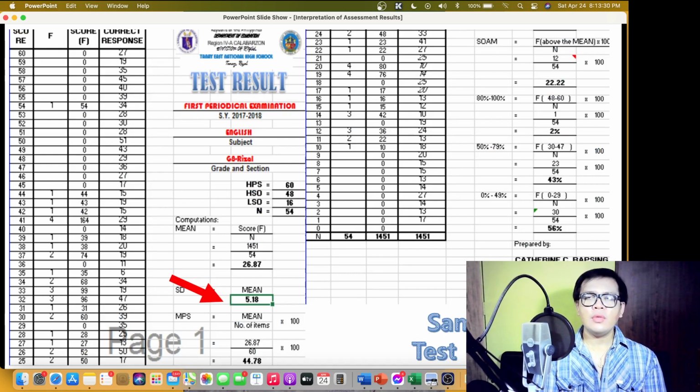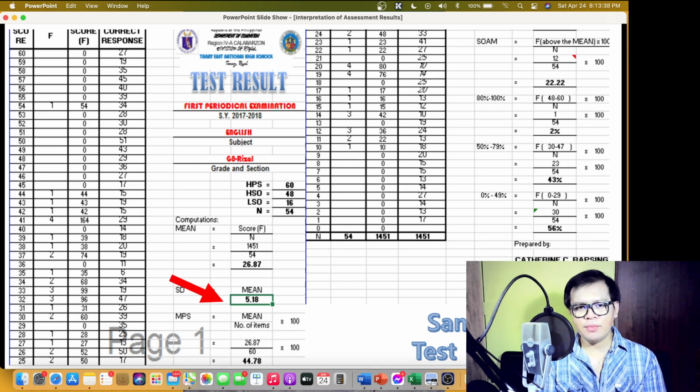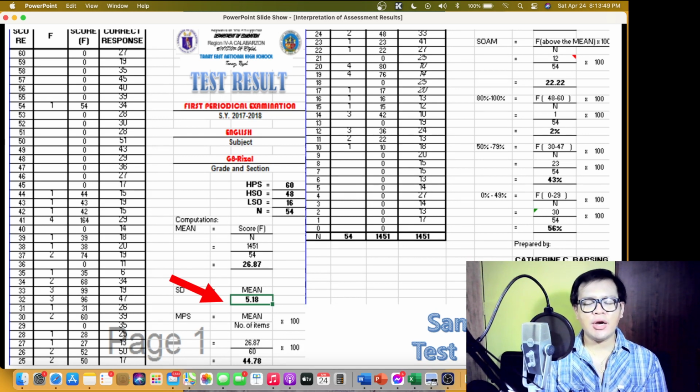However, there are certain Excel tools that we could use in order for it to be easier for us to determine the standard deviation as well as the mean. By just clicking the particular numbers that you need, it's calculated. And as you can see here, this is another sample in which I was able to emphasize the standard deviation.